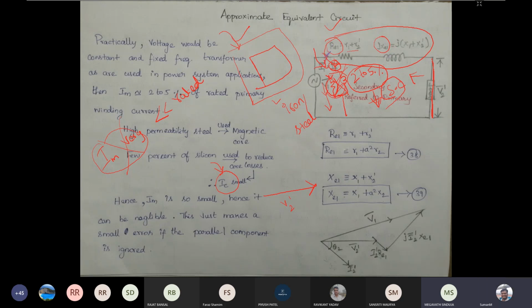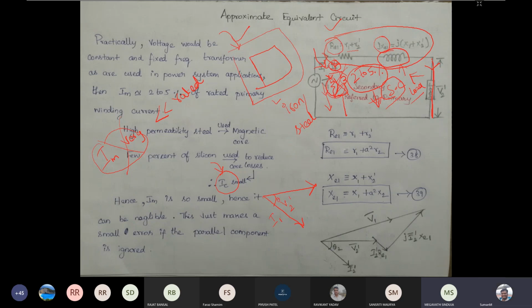That current will be lagging in nature, because we are having an inductor here. Generally we will be using a load that is resistive in nature. You are having one inductive element, so this circuit is inductive in nature. If the circuit is inductive in nature, the current will be lagging with respect to the voltage, and between these two there is some voltage angle.